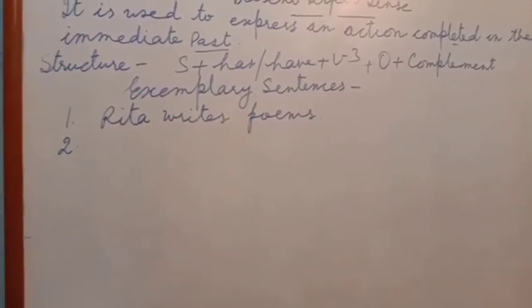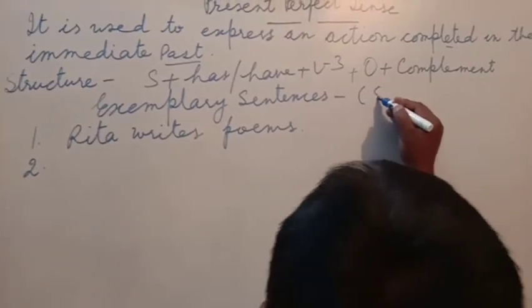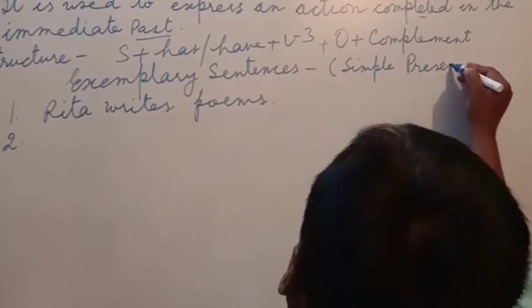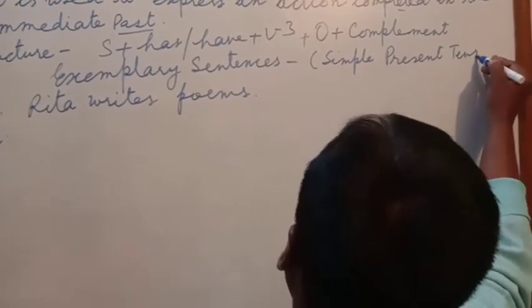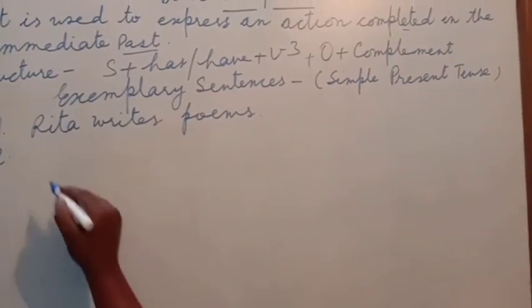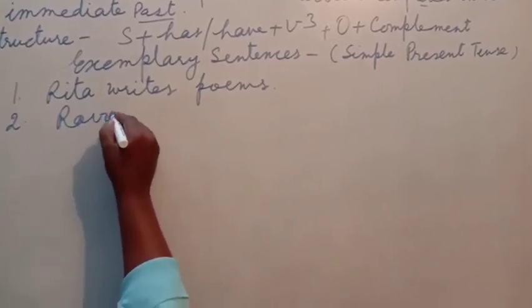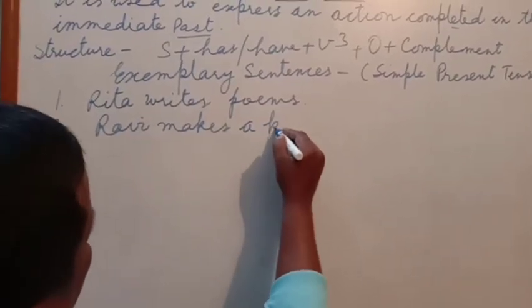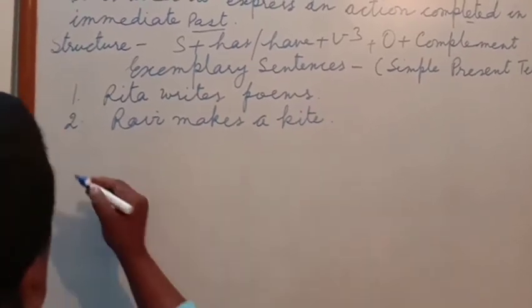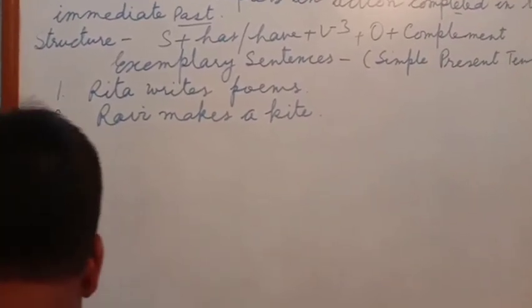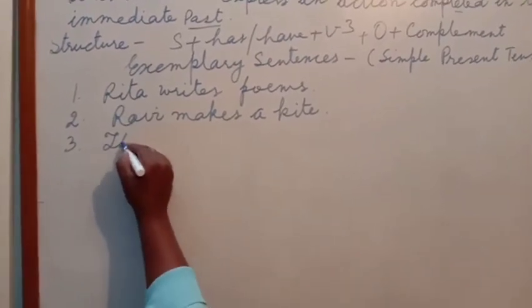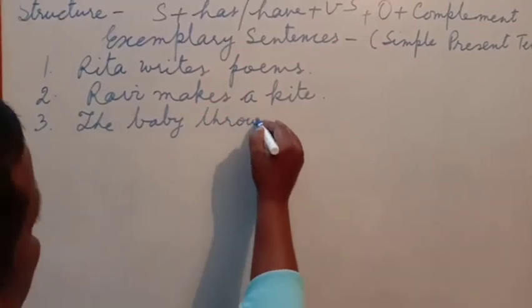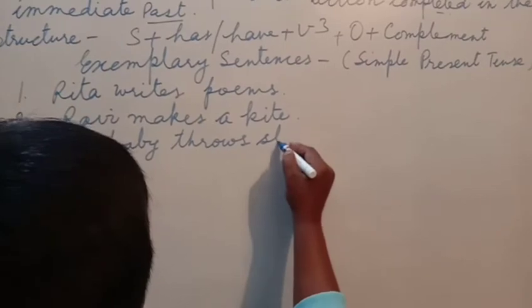Number 2, Ravi makes a kite. Number 3, the baby throws stones.